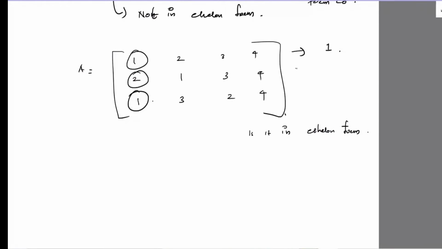The next one is also 1, and the position of the third leading coefficient is also 1. So the positions are 1, 1, 1, which is not in increasing order, right? So this matrix is not in echelon form.